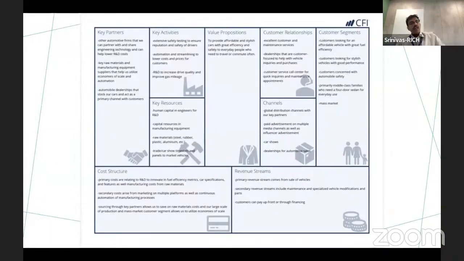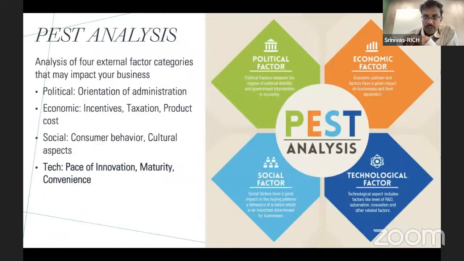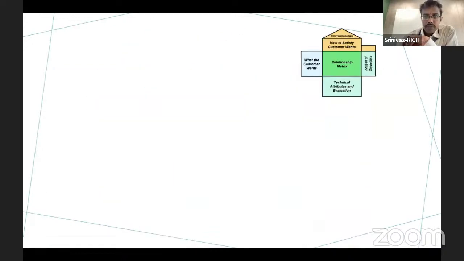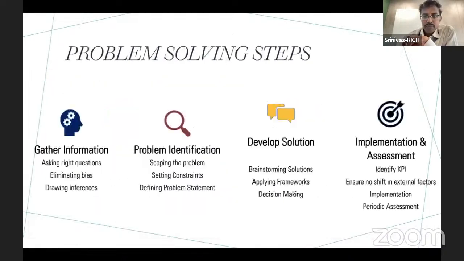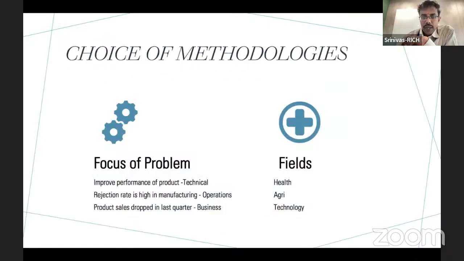But the key thing that I wanted to convey from this slightly longish two-hour session is that, I'll go back to the first slide. We need to know what kind of problem we are solving, what kind of problem we are facing.